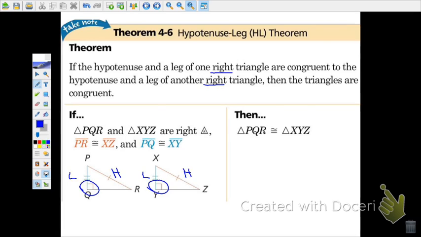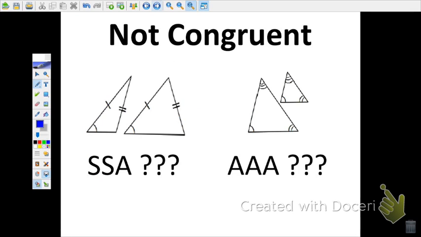Then the other piece that you have in your notebook says not congruent. There are several different combinations that we have not looked at as one of our shortcuts because they do not work. So these two situations you want to fill in on that piece in your interactive notebook.